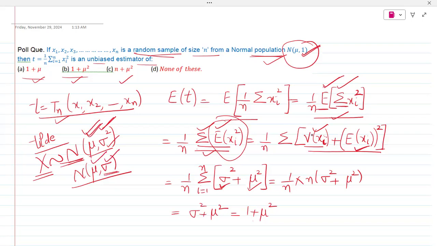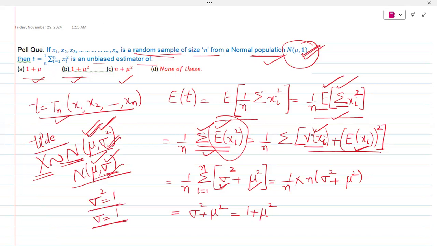But here, whether it is sigma square or sigma makes no difference, because if sigma square is 1 and you take the square root, it will be 1. Please mind, it will not be plus minus 1, it will not be minus 1, because standard deviation can never be negative. And if sigma is 1, then obviously sigma square is 1.